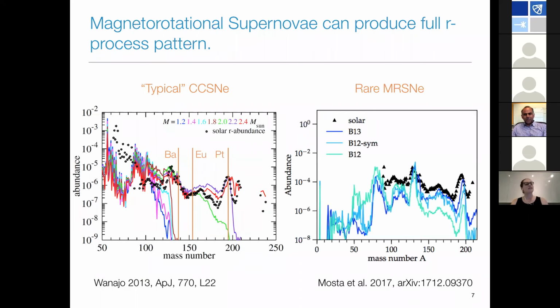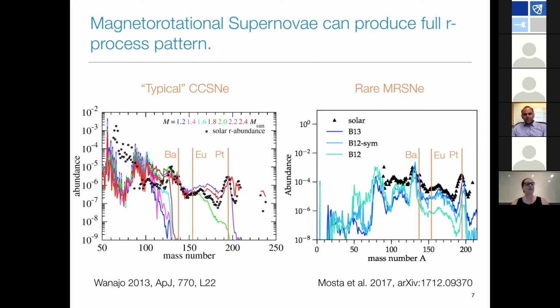And then on the right now, we have the simulations of a rare magnetorotational supernova. This is expected to be 0.1 to 1% of core collapse supernovae, and has very high magnetic fields and/or rotation, where the R process would occur. As you see in this simulation, they are able to produce the full R process pattern.